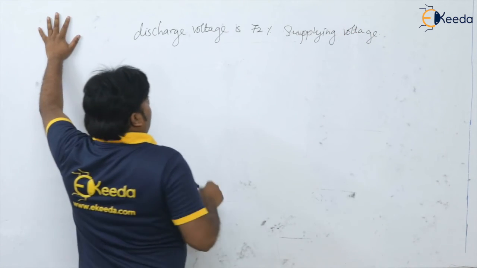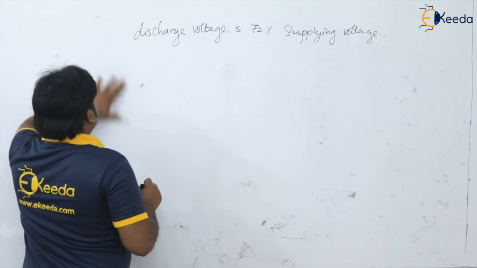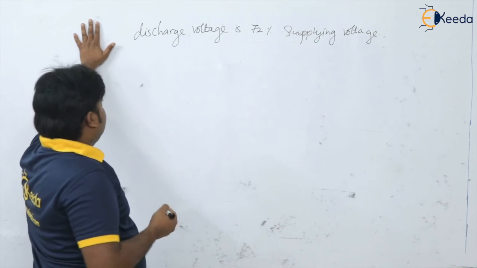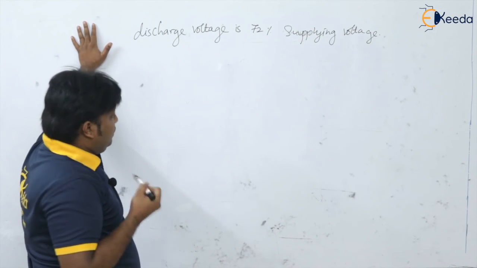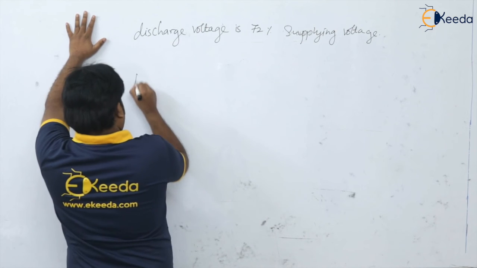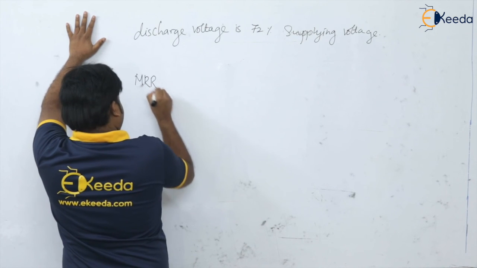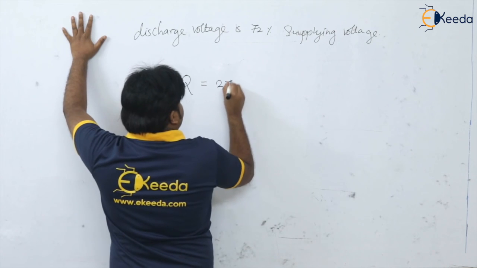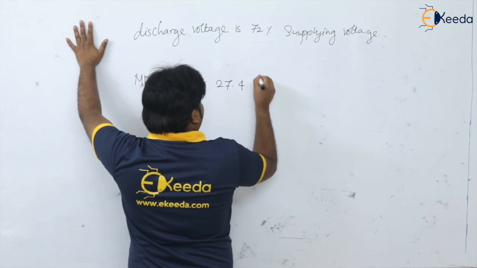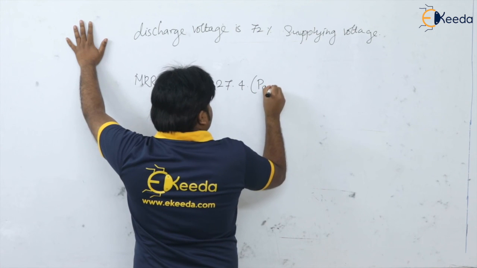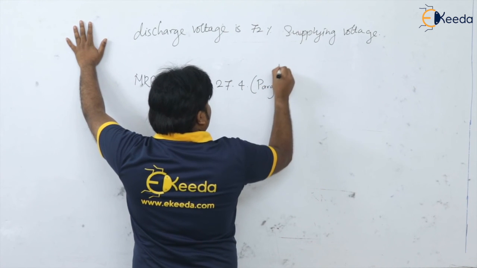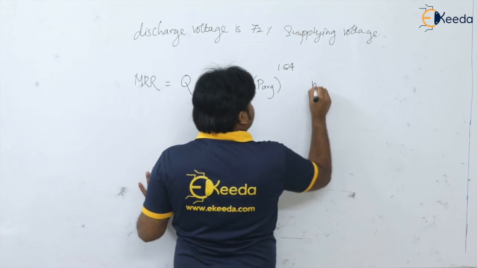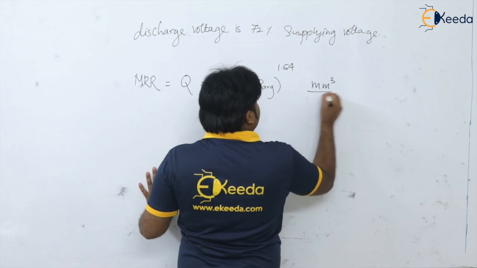Okay, and suppose for steel, in normal conditions, if you are performing this electro discharge machining, then the material removal rate, that is Q, is given by 27.4 into this P average raised to 1.54, and the material removal rate you will get in mm cube per minute.